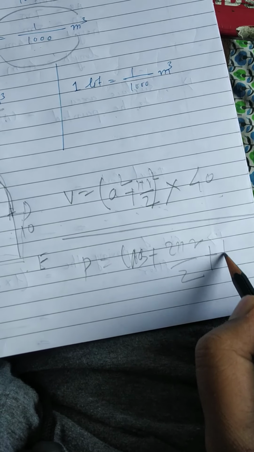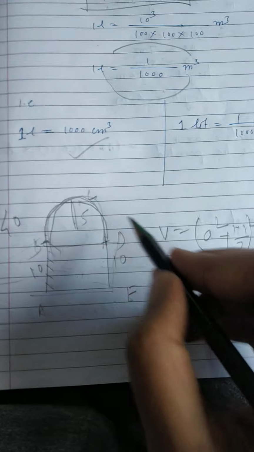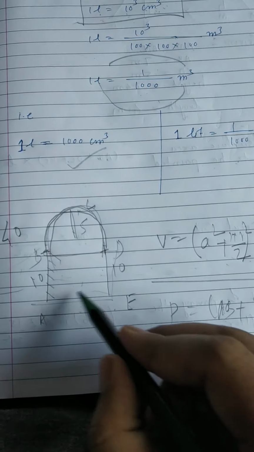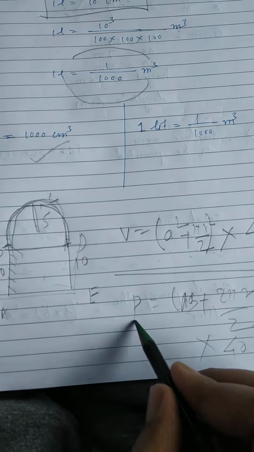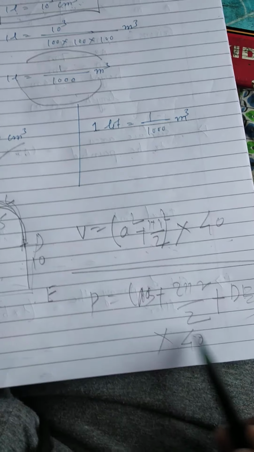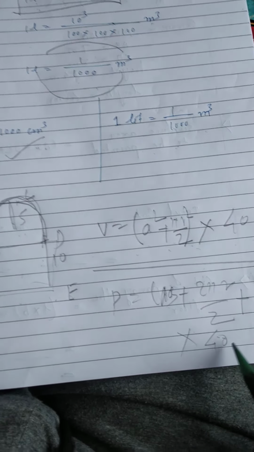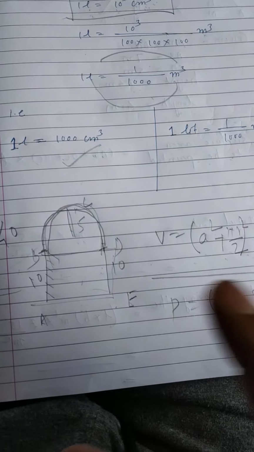D plus what? D. So this is the sum of all sides, sum of all parts, isn't it? Into 40. That is length. So you will get the total surface area. So how to calculate total surface area to be plastered or to be painted? It will be perimeter of cross section into length. I hope it's very clear with you.